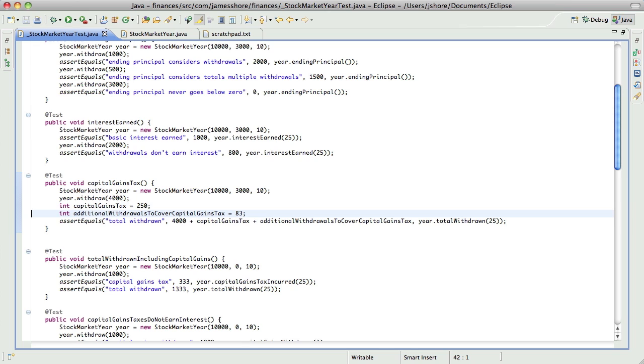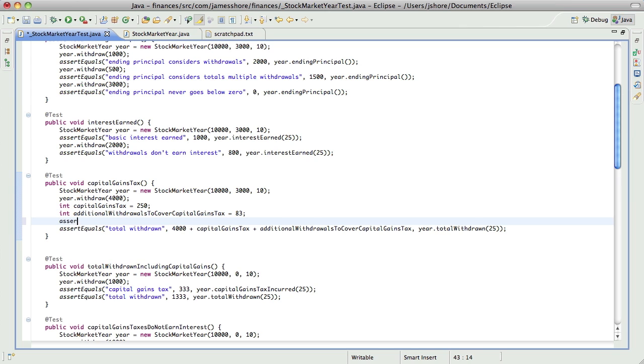But let's talk directly about the capital gains tax. Which is 250 plus 83.